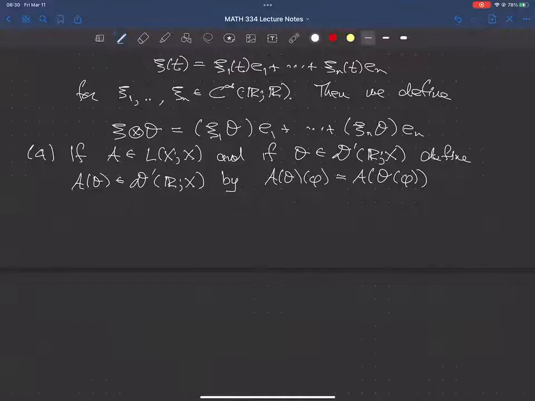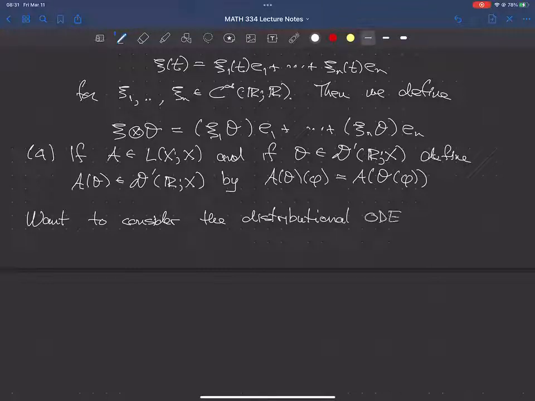We want to consider the distributional ODE theta prime plus A of theta is equal to beta, and here beta is some given vector valued distribution.